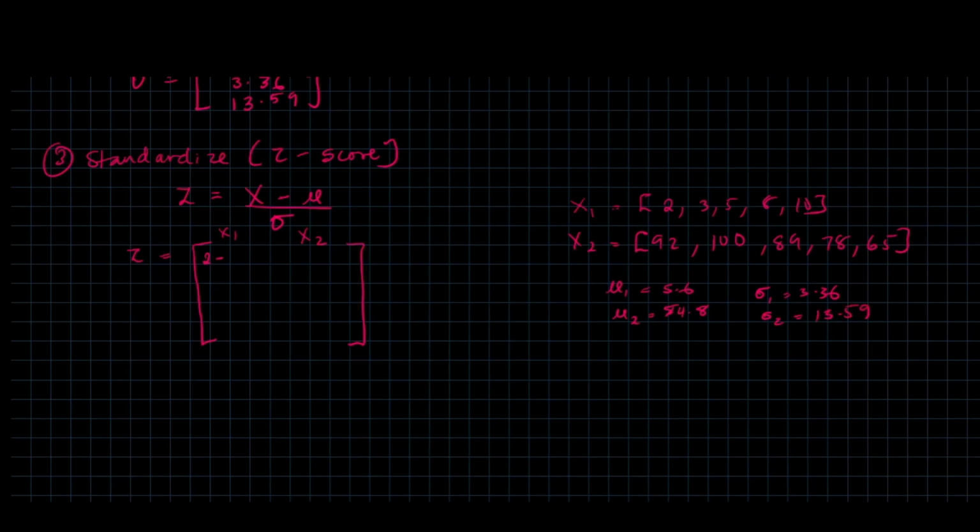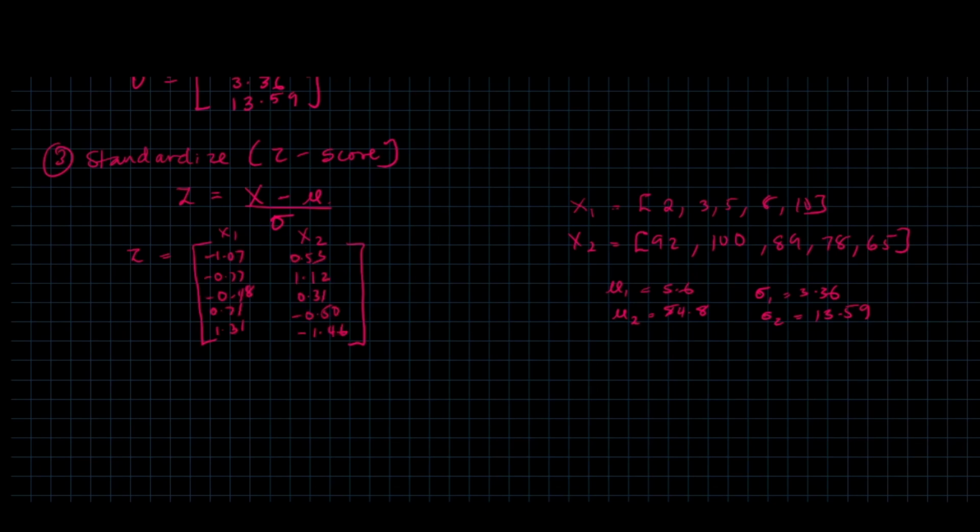It's going to be 2 minus 5.6 all over 3.36. This one is going to be 92 minus 84.8 all over 13.59. Now that's just what you keep doing for the entire data set. I'm just going to write it out because I believe you can also solve this with a calculator.